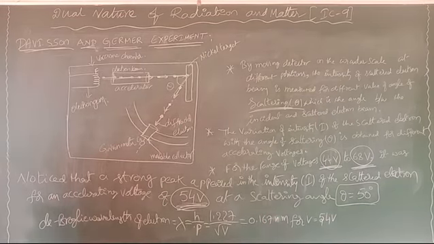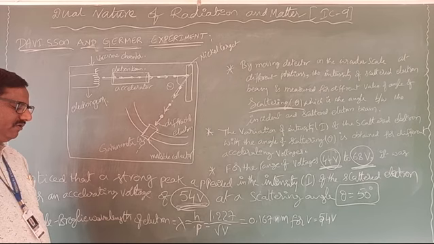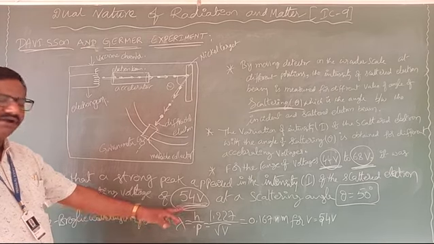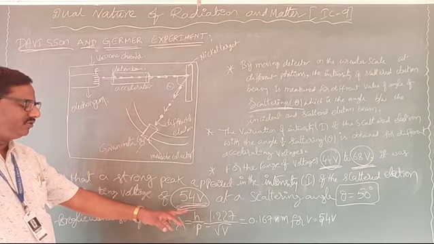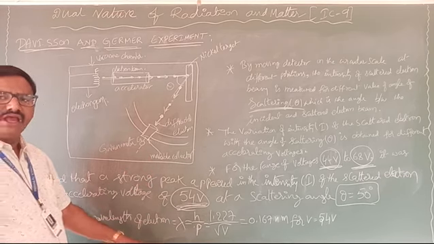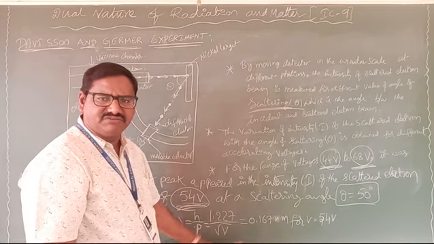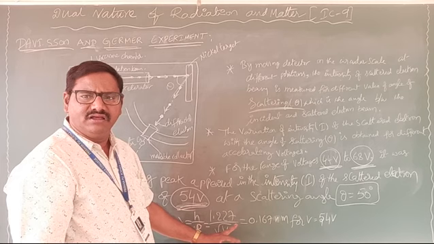Using the de Broglie wavelength of an electron, already we know that lambda equals h by p, or 1.227 by root V according to the accelerating potential. This shortcut formula we already learned.